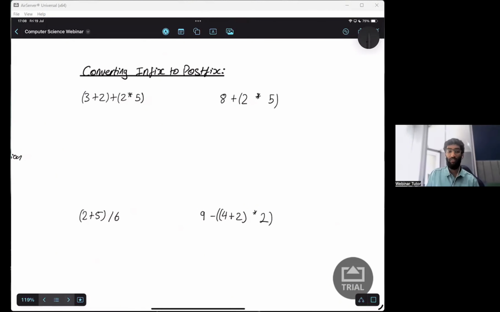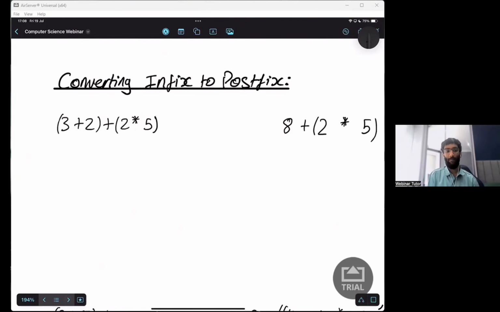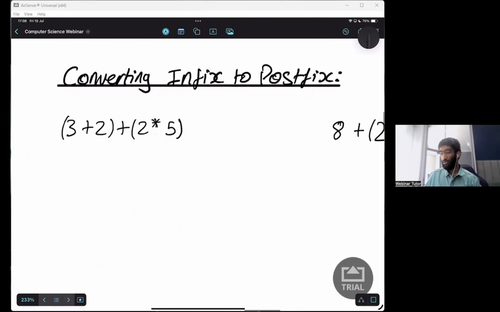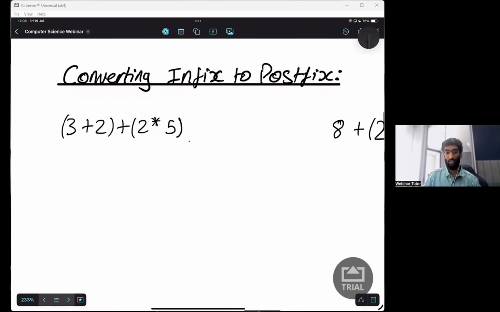So now we're going to be looking at converting infix to postfix. Starting at this one over here, 3 plus 2 plus 2 multiplied by 5. So what we're going to do is start at the right-hand side of this equation.